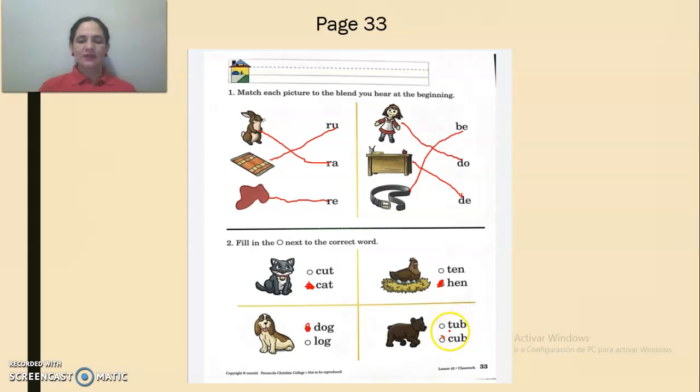Tab. Cab. When bears are still a baby, we call them cubs. So, this is the correct word. Cab. Okay. Now we finish page 33.